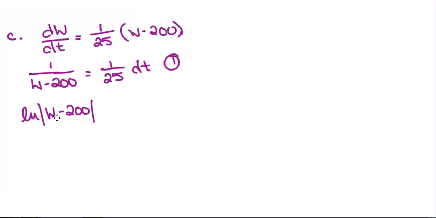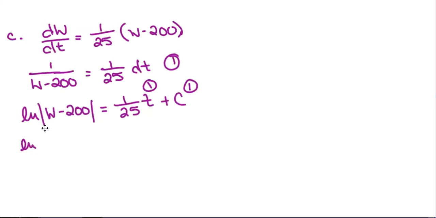We really don't need the absolute value bars because the weight of the landfill started at 1,400 and it's increasing. So this is always going to be positive. But anyways, the other side is going to give us 1 over 25t plus c. This time, we still only get 1 point for our antiderivatives, 1 point for our constant of integration.